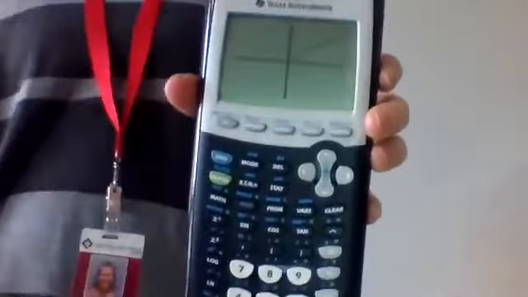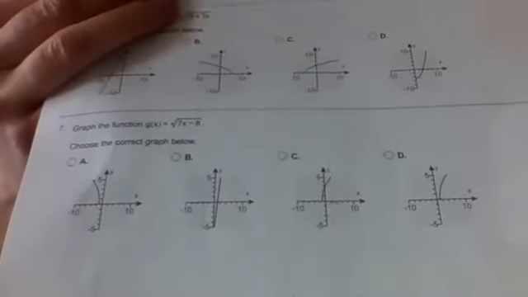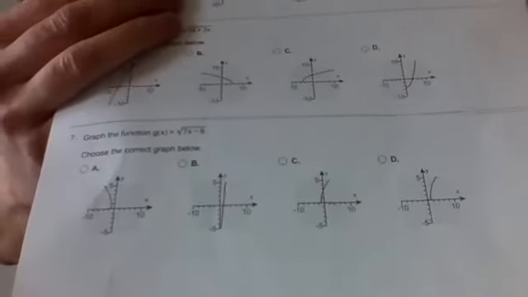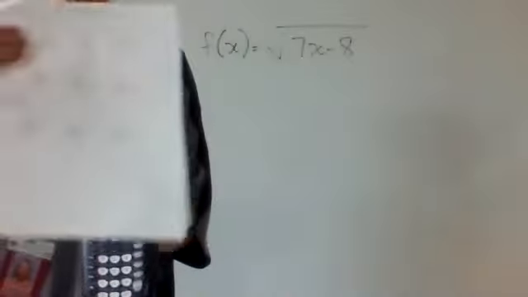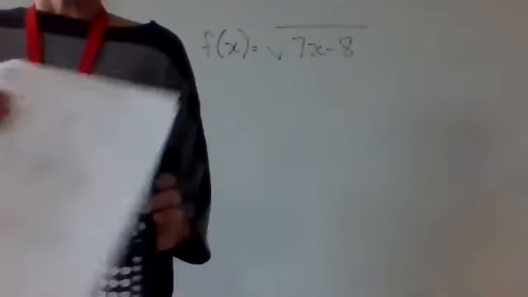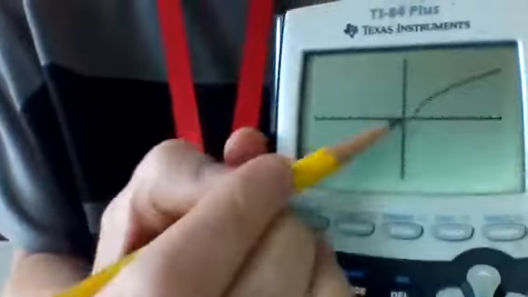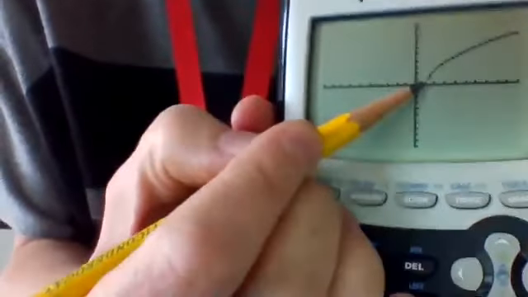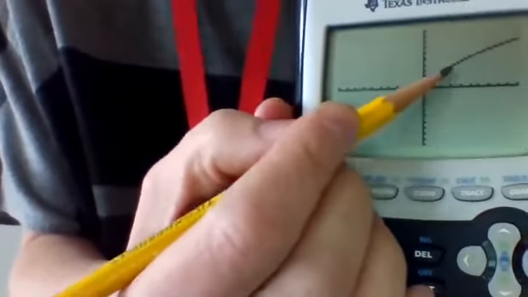Now, if you're comparing these graphs to these, the only two that have the correct shapes are C and D. The thing that distinguishes C from D is look where this one starts. Where does it need to start? It starts on the right side of the origin, right?